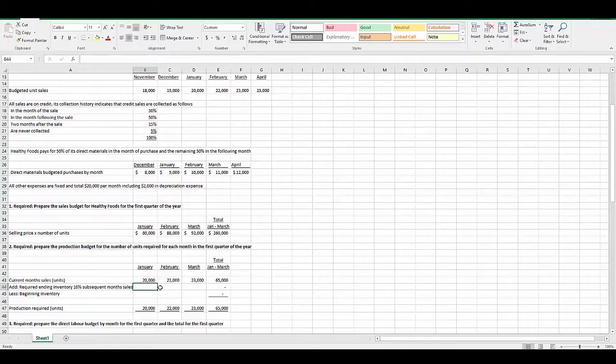At the end of January, you want to have 10% of February. That's equal to 0.1 times your February sales, which is 22,000. So that gives you 2,200.